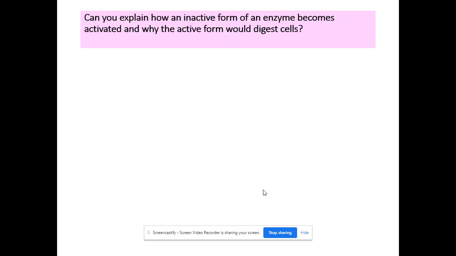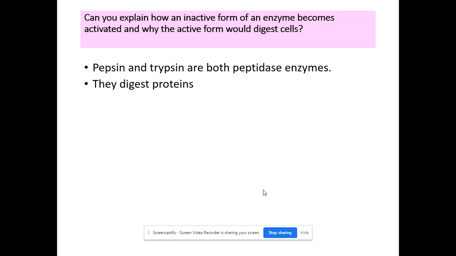Can you explain how an inactive form of an enzyme becomes activated and why the active form could digest your cells? Pepsin and trypsin are the two peptidases that you need to know about. They both digest proteins when they are active, and we are made up of a lot of protein.